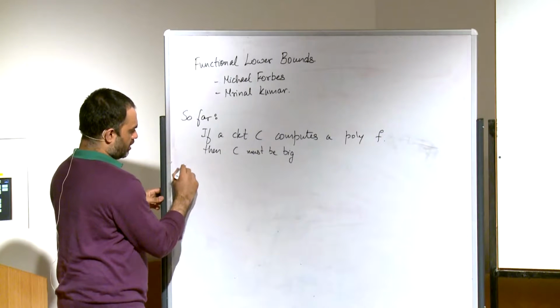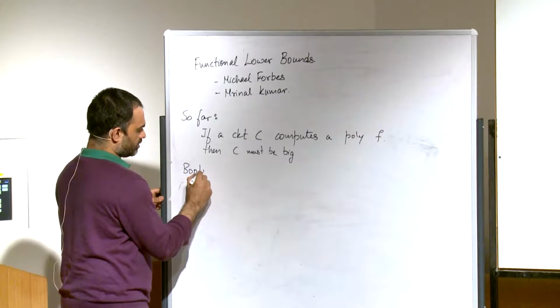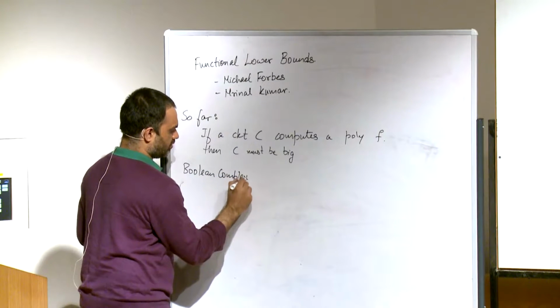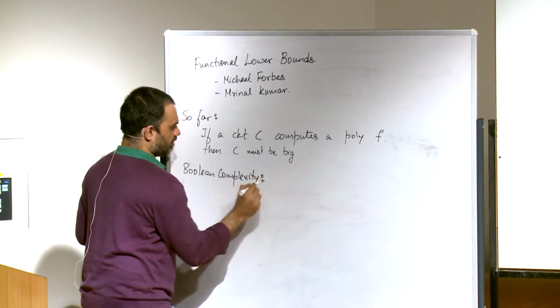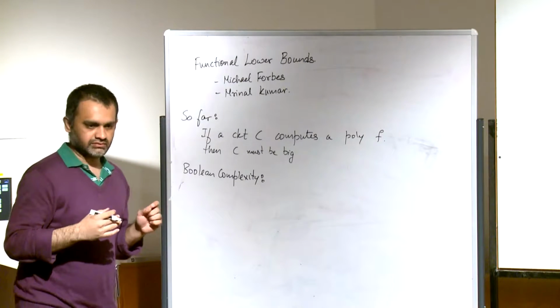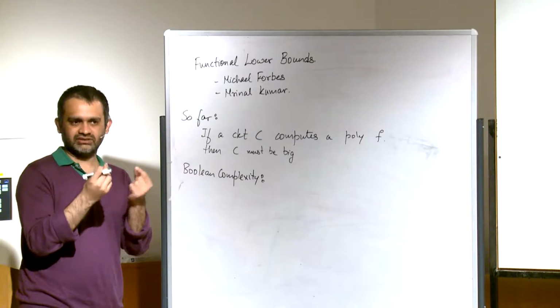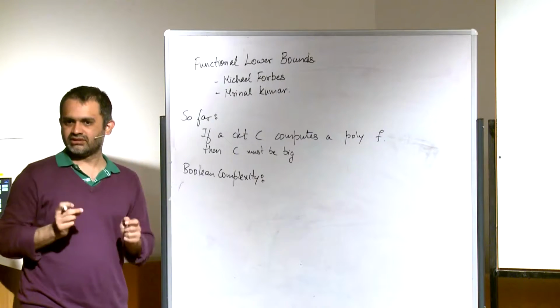And often when you look at Boolean complexity, there is often a notion of arithmetizing your computation. Like, for example, whenever you have an OR gate or an AND gate or something, you replace them by products or whatever have it.